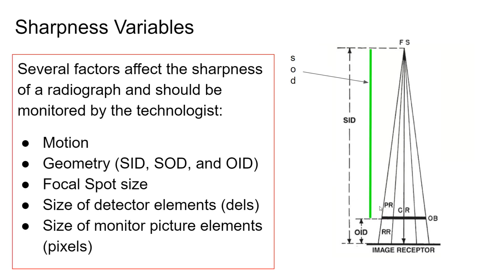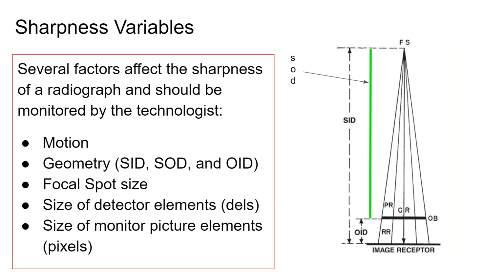So here are our variables that will affect sharpness. We haven't talked about motion before, but you probably have taken a picture where the object in front of you moved and everything was blurry. Same thing in X-ray. This is why we tell people to not move or hold their breath or tie them down when necessary, in a nice way, right?